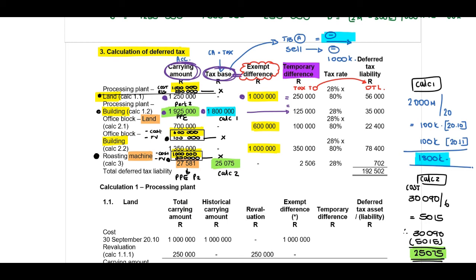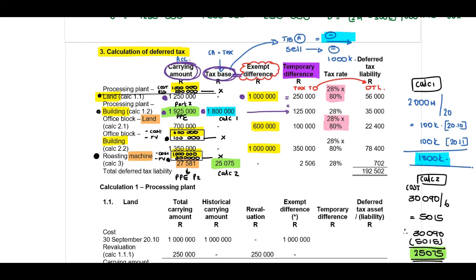Now, another set of rules that you need to add here. If we look at land, and I'm going to make use of pink for you to be able to follow me, the tax rate will be CGT. Remember, I've indicated to you that when we sell the land, we will recover. If we sell, capital gain. If you look at our office block land, CGT.